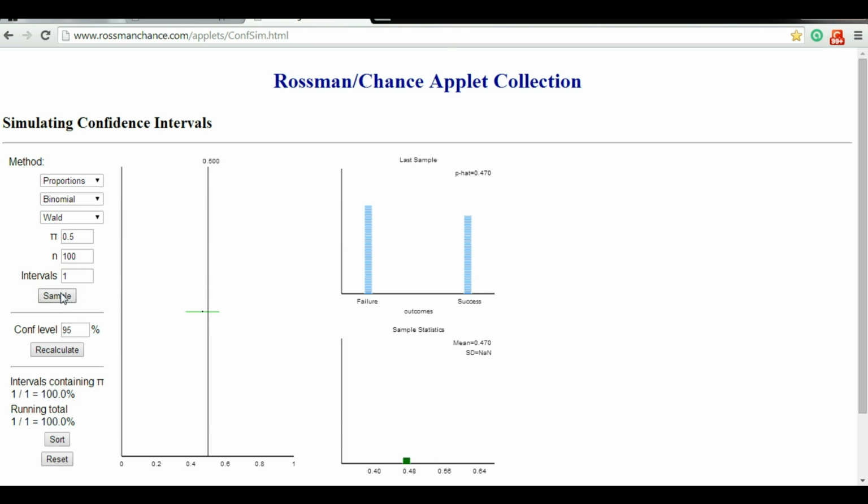So we're going to take a sample, and what we get is that our p hat, the proportion of successes in the sample, is 47%. Okay, so we do another sample, and now in the second sample our proportion of success is 0.51.